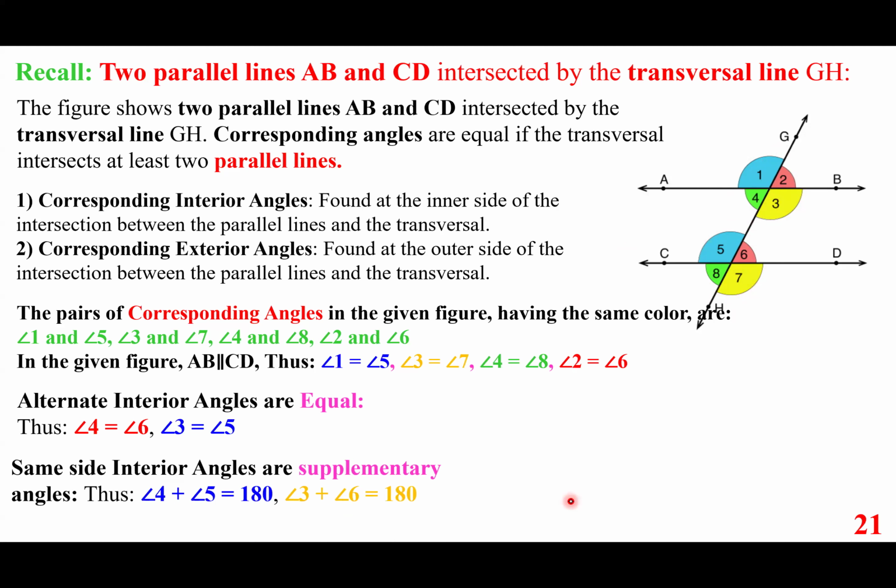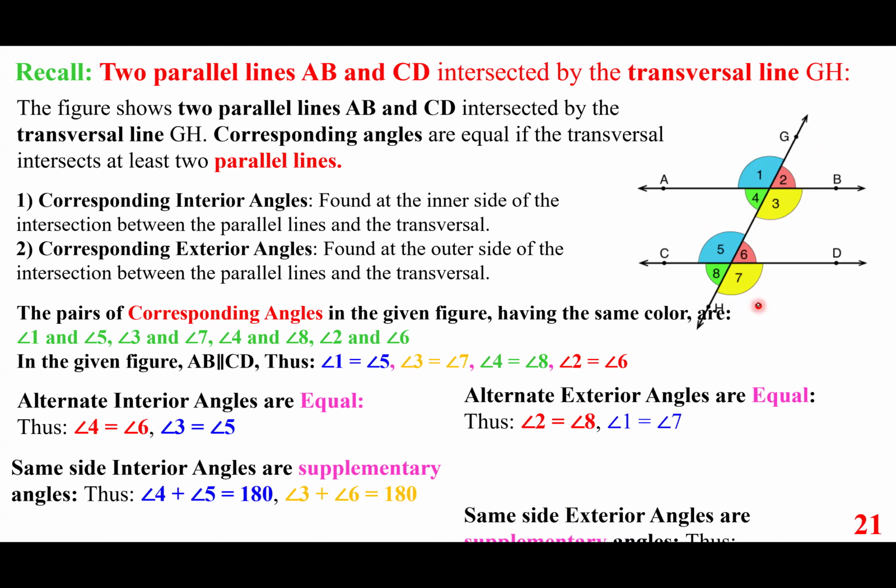So for example, 4 and 1, they add up to 180 degrees. 4 and 5, they add up to 180 degrees. Alternate exterior angles are equal, like 2 and 8, 1 and 7.